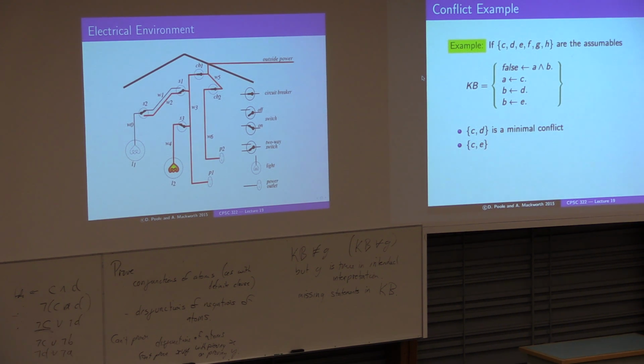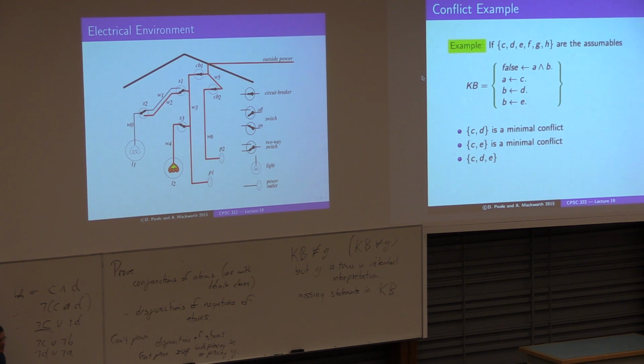So it's a minimal conflict. Right, what about CE? Again, that's a minimal conflict. What about CDE? What happens if I assume C and D and E?